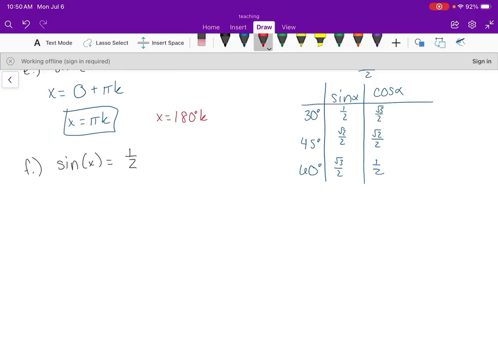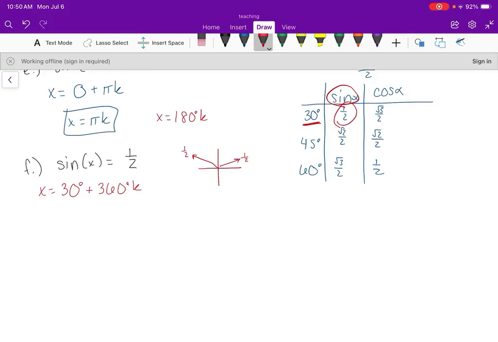So if I look at my table, sine is positive 1/2 at 30 degrees. So I can say, okay, I plug in 30 degrees as my x. But also everything coterminal to this would also work. So plus 360k. But again, we have to be careful. Sine is positive 1/2 not only in quadrant 1 at 30 degrees, but also in quadrant 2, sine is positive.